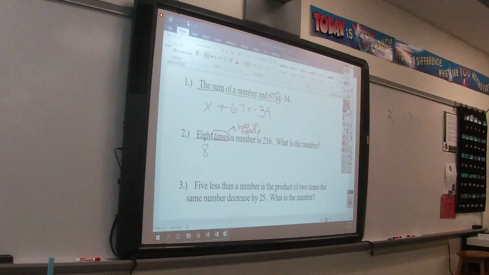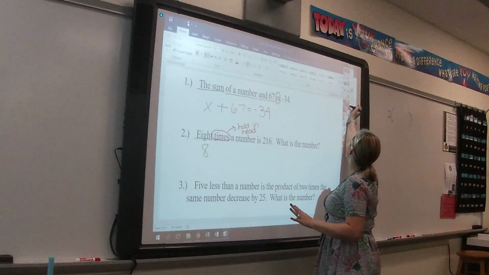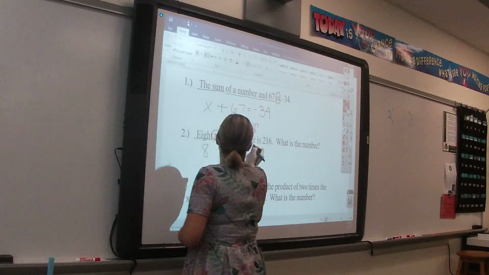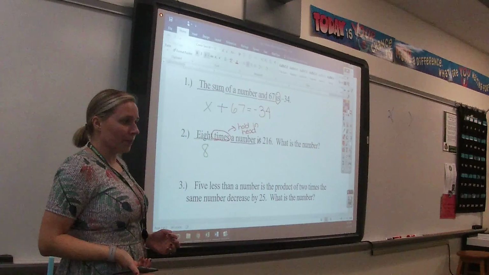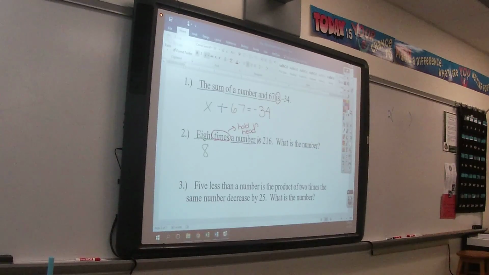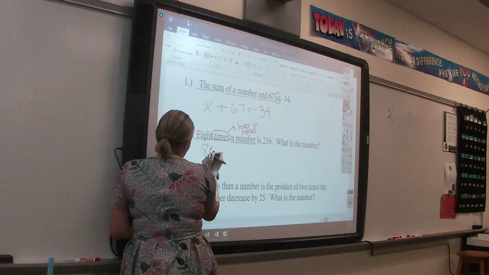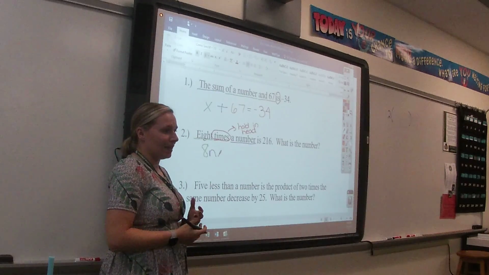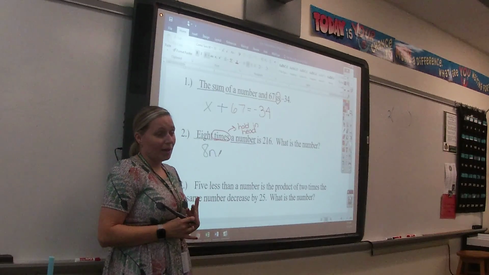So let's see what the next piece is to decide how we want to represent that multiplication for this problem. A number. What are we going to write for a number? An n. How do I write a multiplication symbol between a number and a variable? How about just set them next to each other?